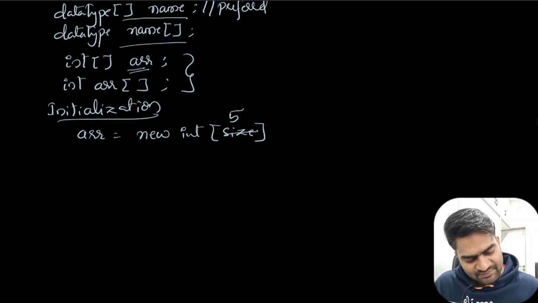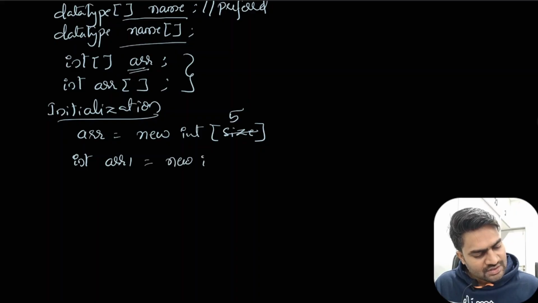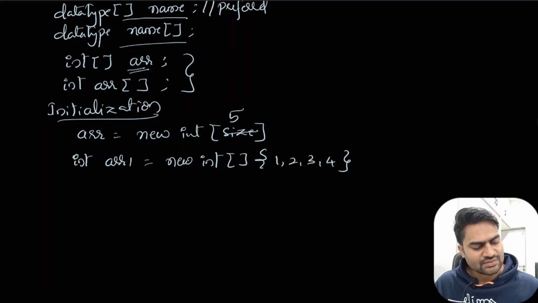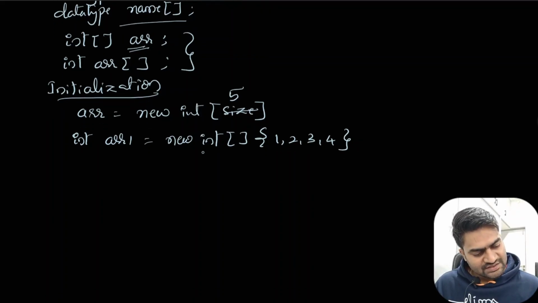I can simply say int array1 equal to new int, then specify my numbers like this. It will create an array of size 4 and initialize it with 4 elements: 1, 2, 3, 4.